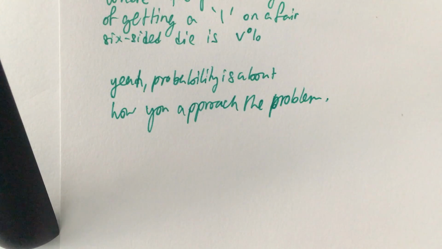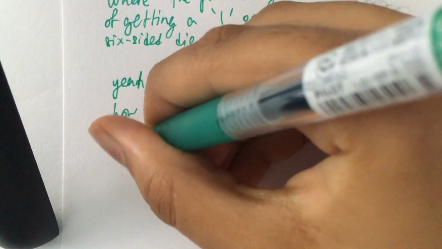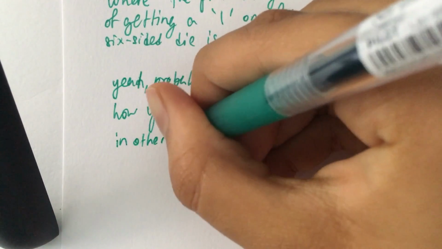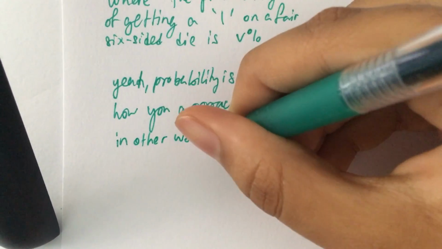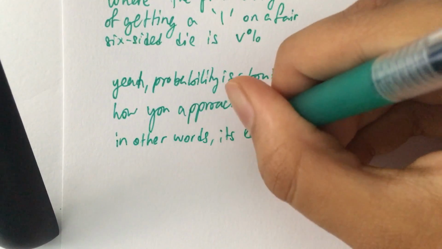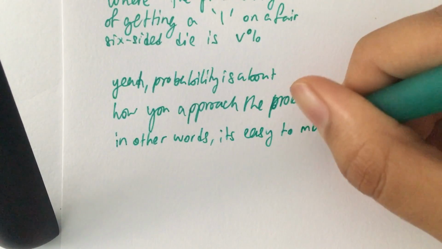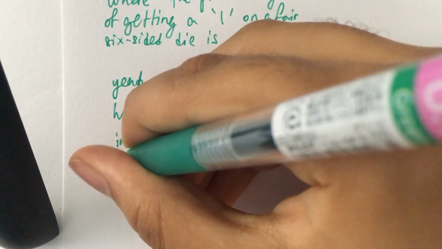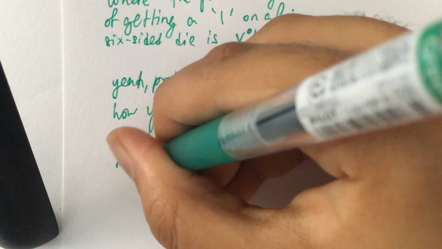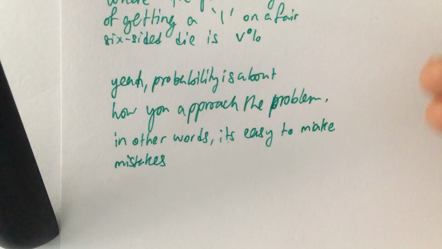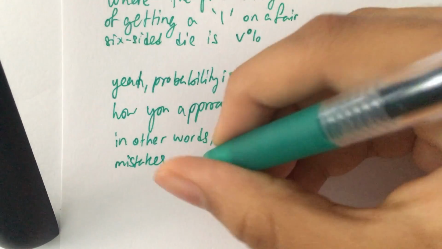That's maybe the reason why you find probability difficult. But some of you might be like, huh, how is this difficult? If you find it easy, then good for you. That means you know how to apply the probability.